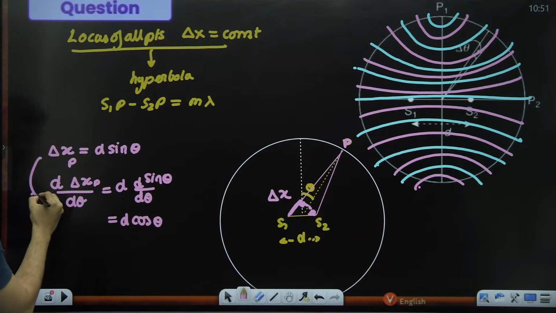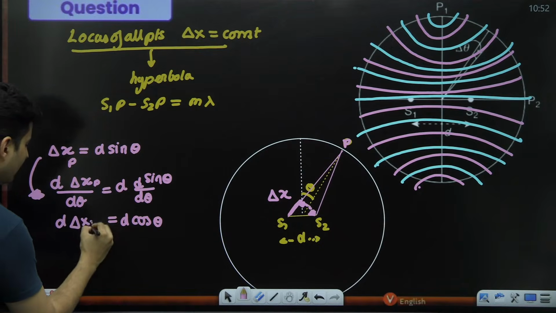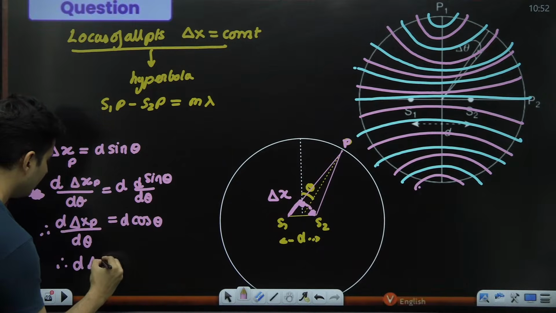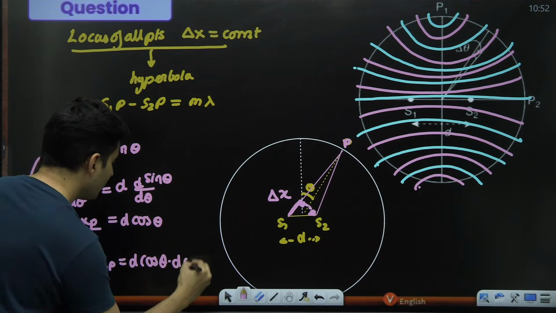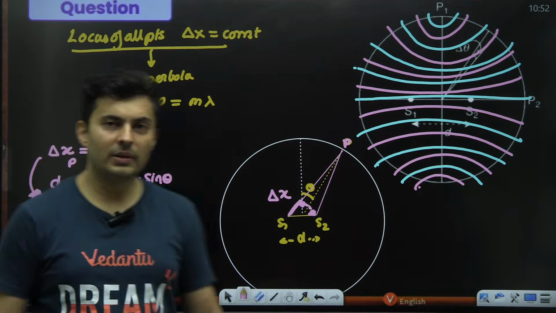So now once we have taken the derivative, this is nothing but d delta xp by d theta. So therefore d delta xp will be d cos theta into d theta. Now think like this.